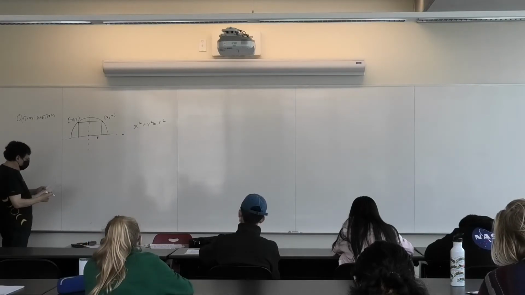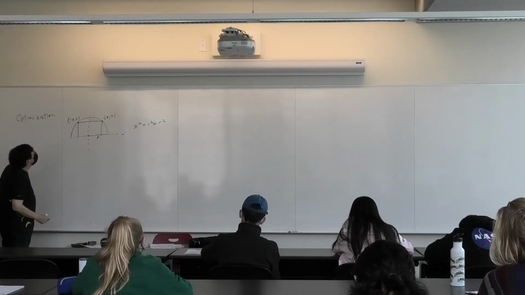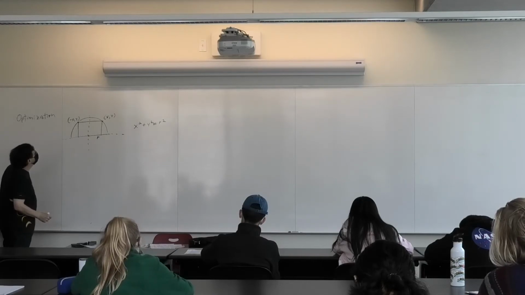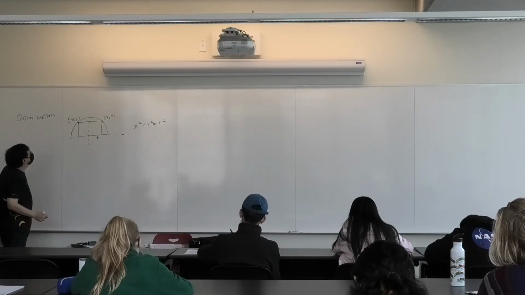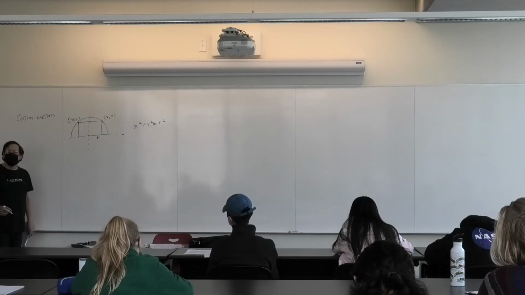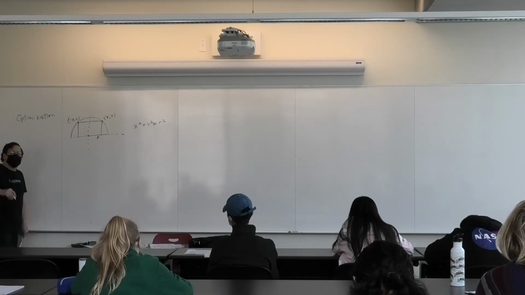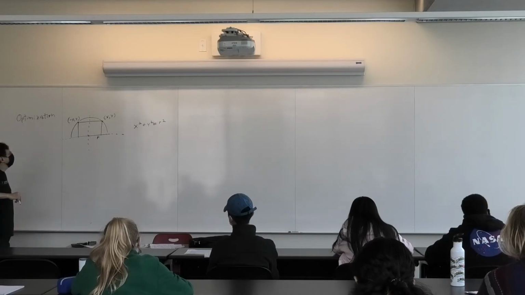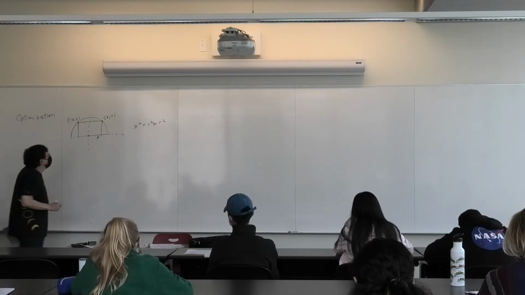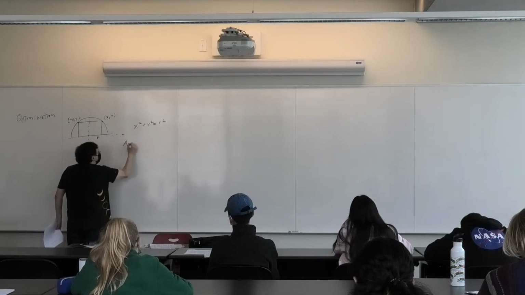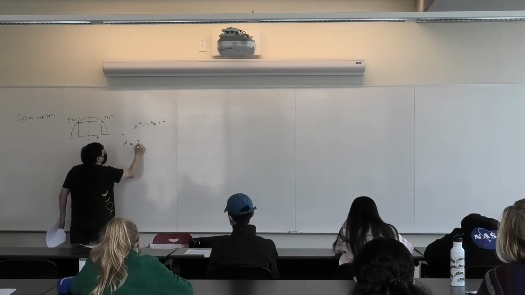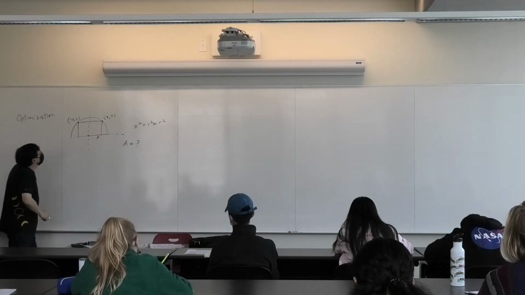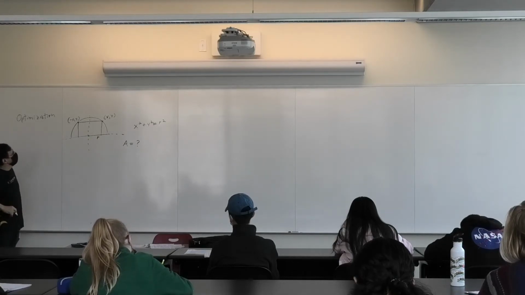And what will be the area of the rectangle? This is where the geometry comes in. You have to kind of look at it and think about it. Let me take a look at that.